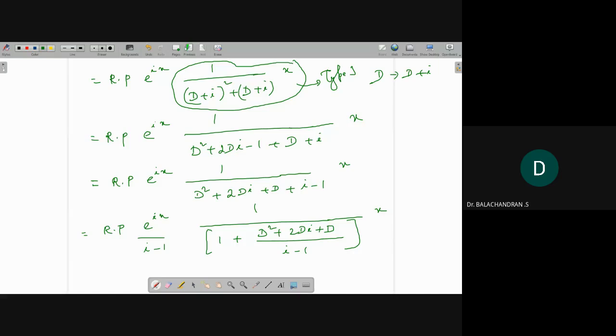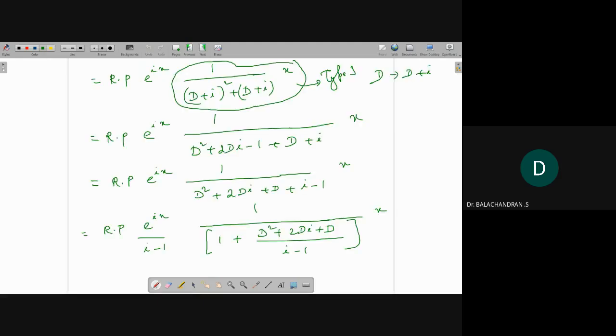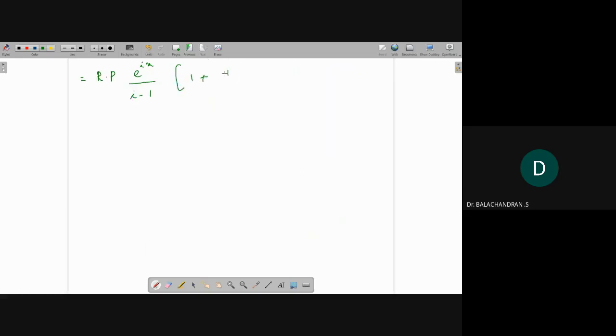Real part of e power ix divided by (i minus 1) into [1 plus (d square plus 2di plus d) divided by (i minus 1)] whole power minus 1 into x.